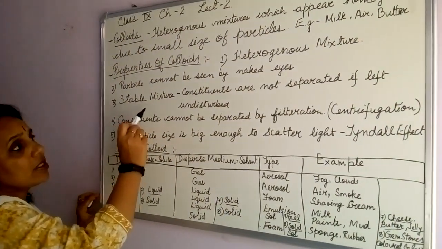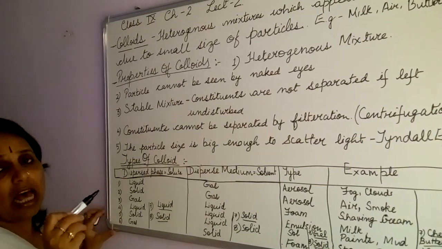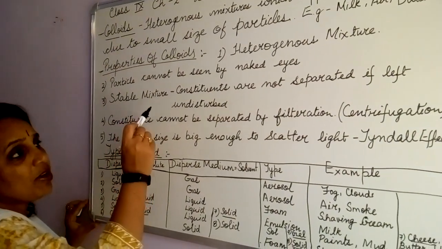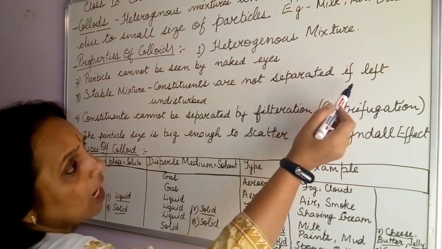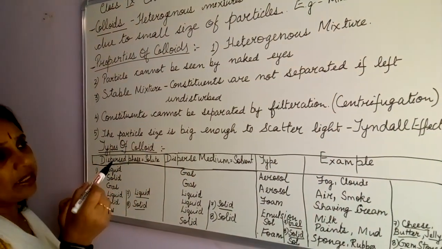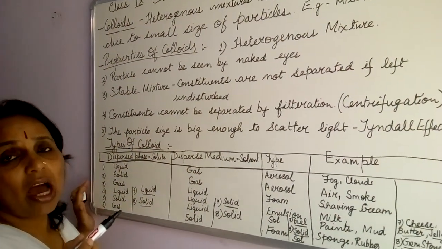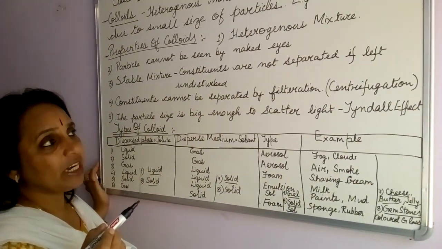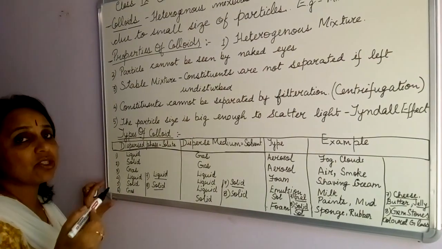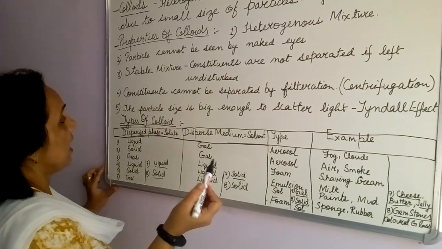The third property is the mixture is stable. That means if you leave the mixture undisturbed, its constituents do not get separated. This you must have seen in case of milk or air.